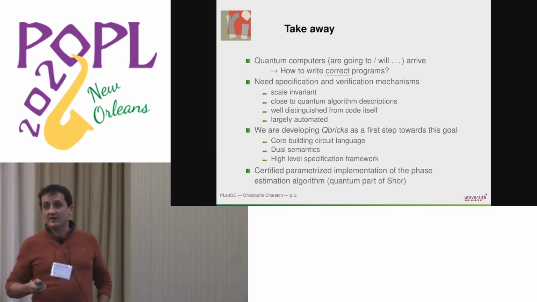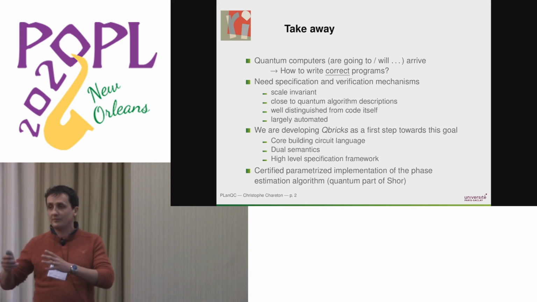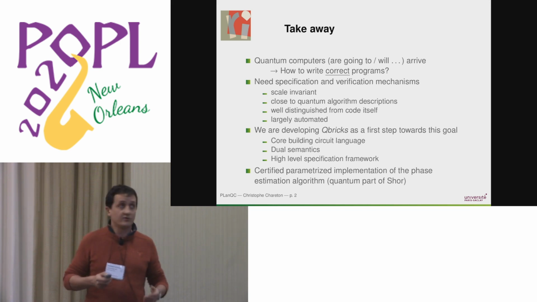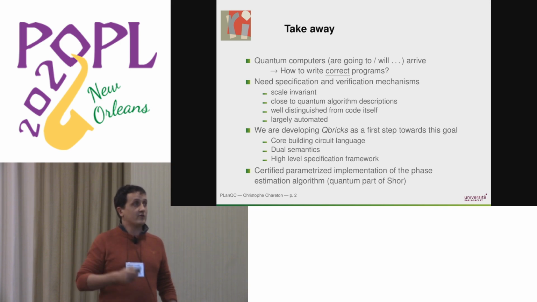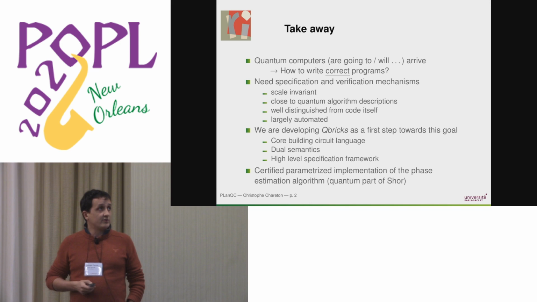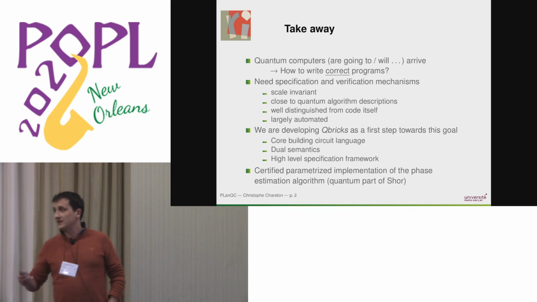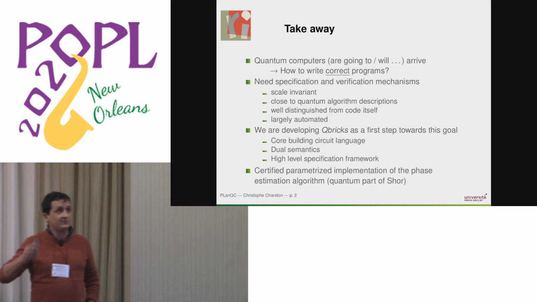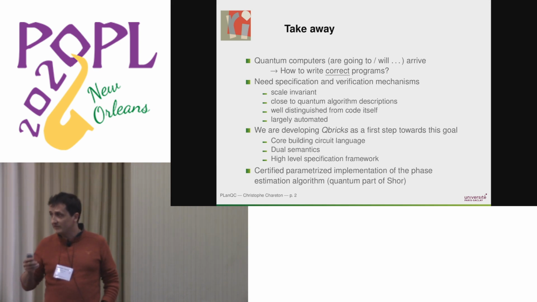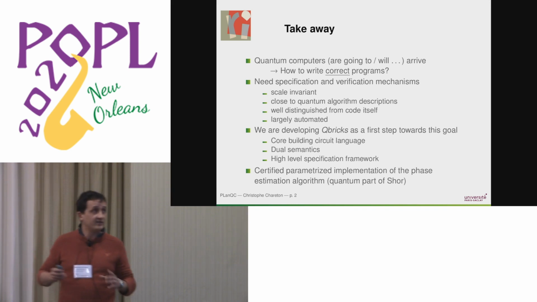And so our question is how to write programs for these computers that we know to be correct with regard to our specifications and our requirements. To tackle this question, we need specification and verification mechanisms, and we have a set of requirements for these mechanisms. We want them to be scale invariant, to be able to verify quantum programs of any size.